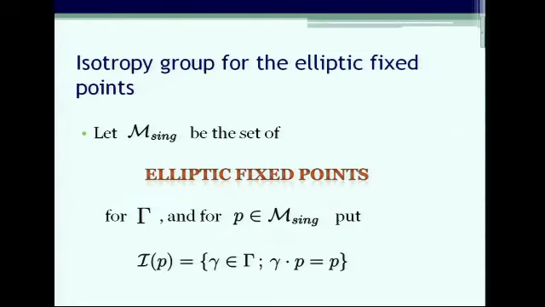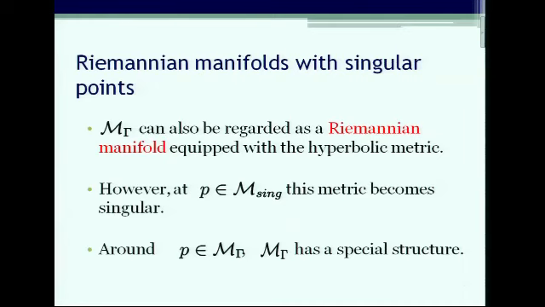And let M_Γ be the set of elliptic fixed points, and let I_P be the isotropy group which fixes this fixed point. Originally this hyperbolic plane was equipped with hyperbolic geometry, the hyperbolic distance.